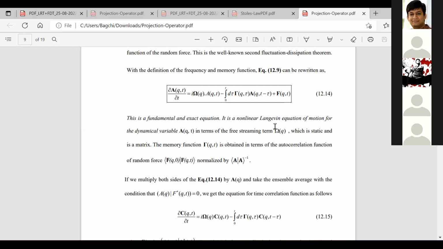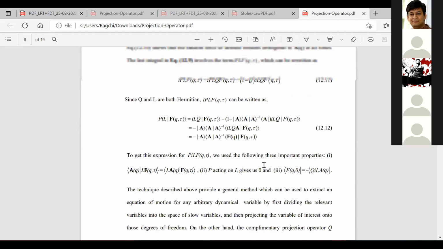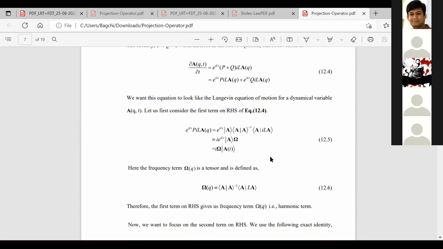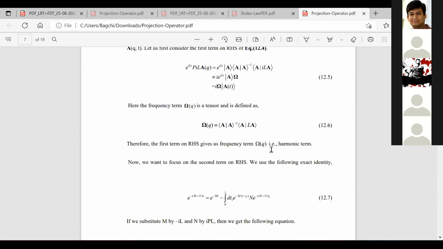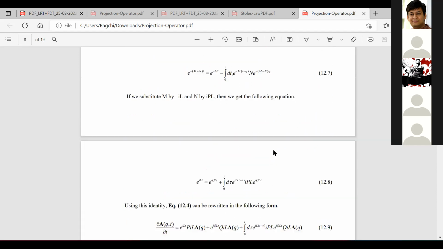But this is the exact statement of the fluctuation dissipation theorem that comes from the projection operator technique. Okay, I'll send the notebook to A. It is going round and round and round, but it is exact. Up to 12.5 no problem, 12.6 no problem, 12.7 no problem.